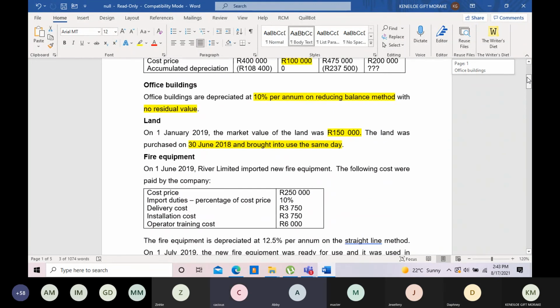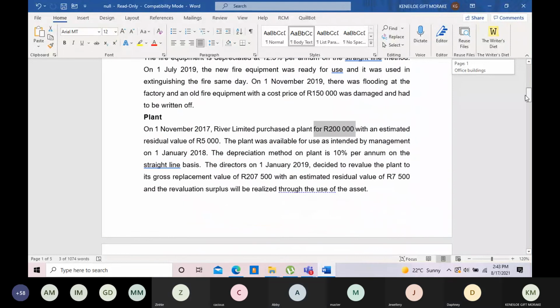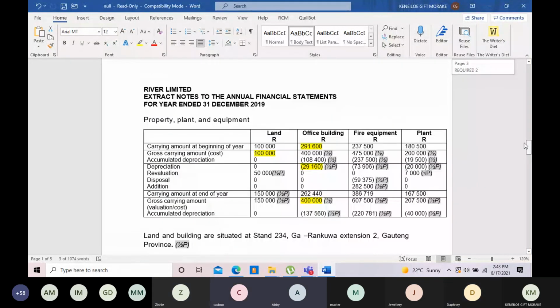Sir, I have a question on the PPE note. Under plant, the last one on accumulated depreciation, this 40,000 here. So we're basically saying this 40,000 is wear and tear. So if we want to calculate under plant accumulated depreciation, we must calculate it under wear and tear.